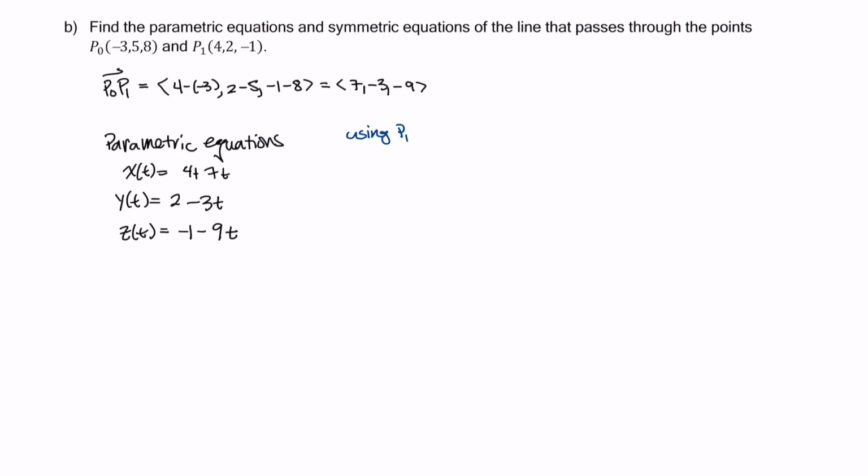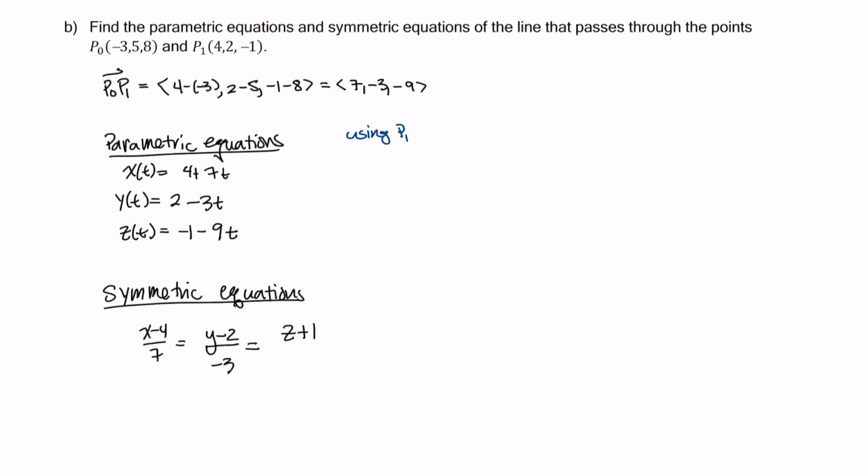Now, the symmetric equations, these are given by solving each of the parametric equations for the parameter. So in this case, we have x minus 4 over 7 equals y minus 2 over negative 3 equals z plus 1 over negative 9.